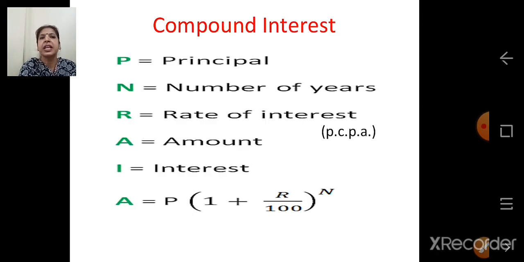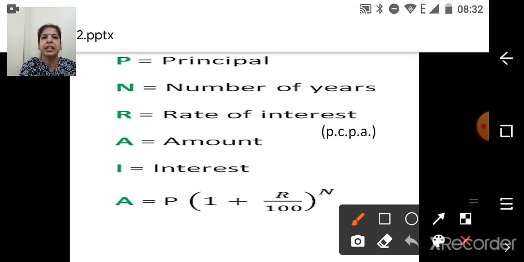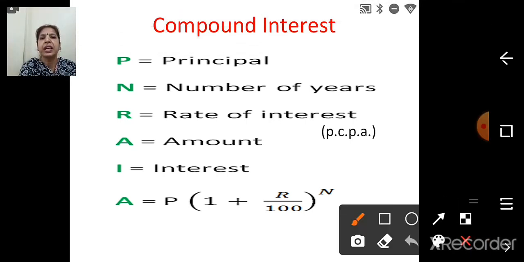We have also studied the formula for finding the compound interest. It is A is equal to P into the bracket 1 plus R upon 100, the whole bracket raised to N. A is the amount, so here we get the amount first. P is the principal, N is the number of years, that is the duration, and R is the rate of interest.